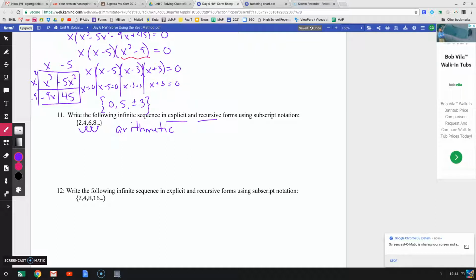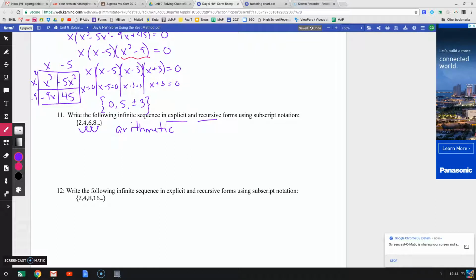So for my explicit formula, coming right from my reference table, a sub n equals a sub 1 plus n minus 1 times d. I'm going to fill in all of my blanks. That is for my explicit formula. For my recursive formula, I'm going to start with my a sub 1 value, and then I'm going to fill in my a sub n value using my a sub n minus 1 term.